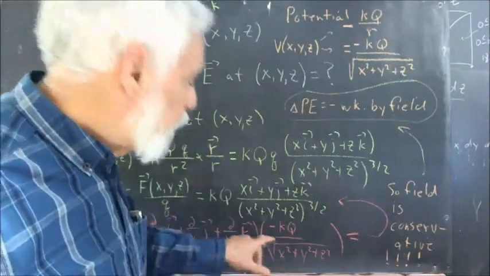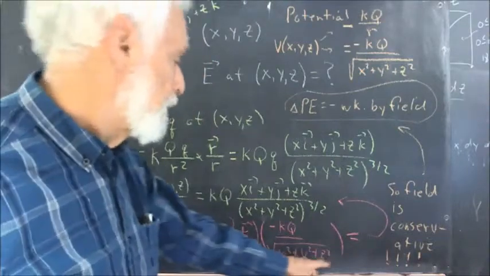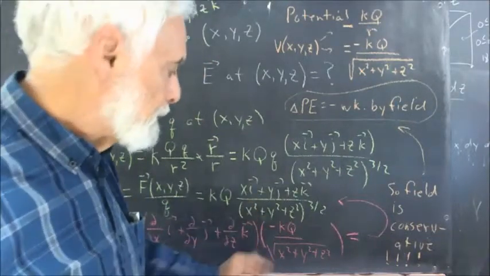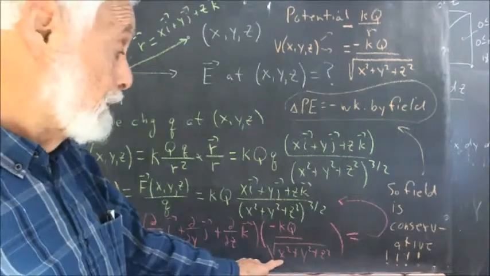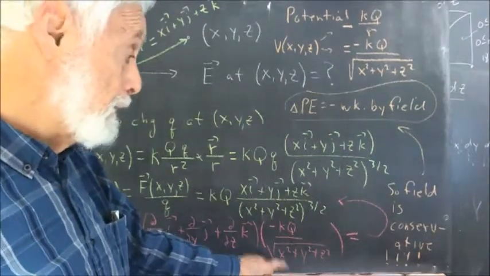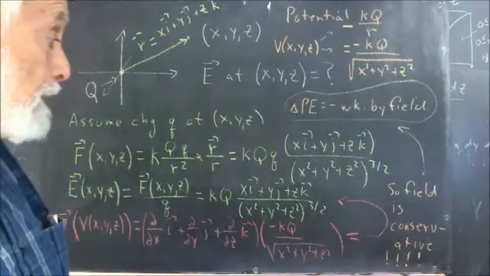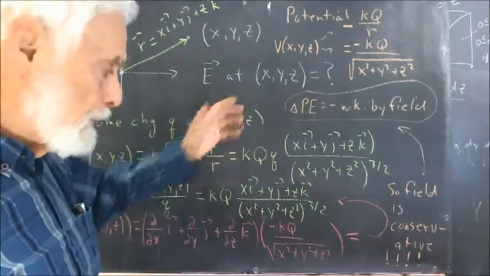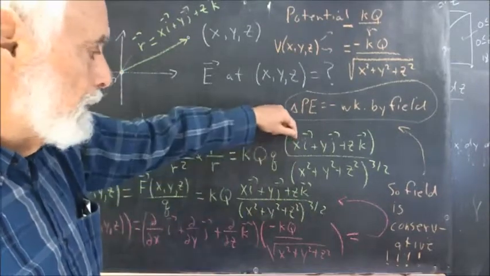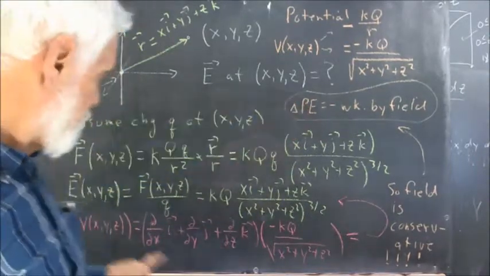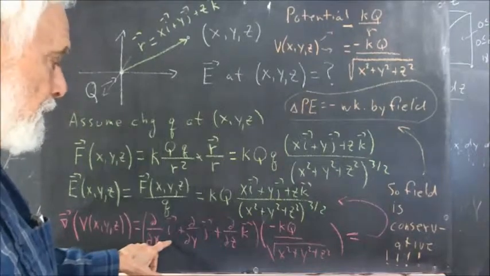The 1/2 that we get as a result of taking a derivative of a reciprocal square root, and the 2 that we get as a result of the chain rule, the derivative of x squared being 2x, the 2 and the 1/2 give us just a 1, and that's going to give us just x i, because we're doing the partial derivative with respect to x times i.